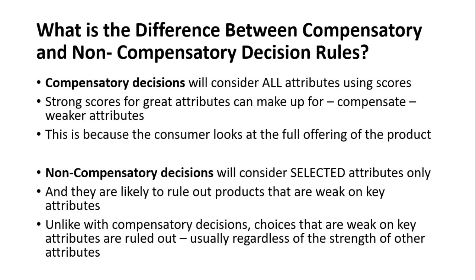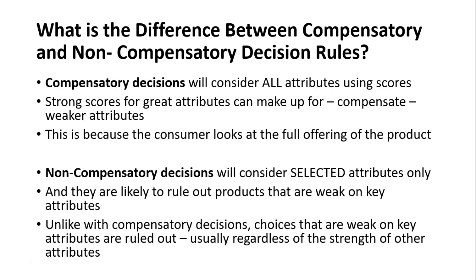Okay, so before I showed you a list of compensatory and non-compensatory, it helps to understand what the distinction is. Here, compensatory, we're going to consider all attributes using a score. Strong scores for certain attributes can make up for, can catch up, compensate for weaker attributes.